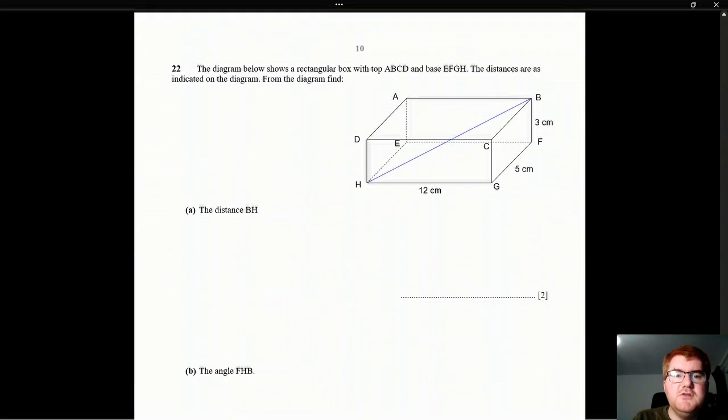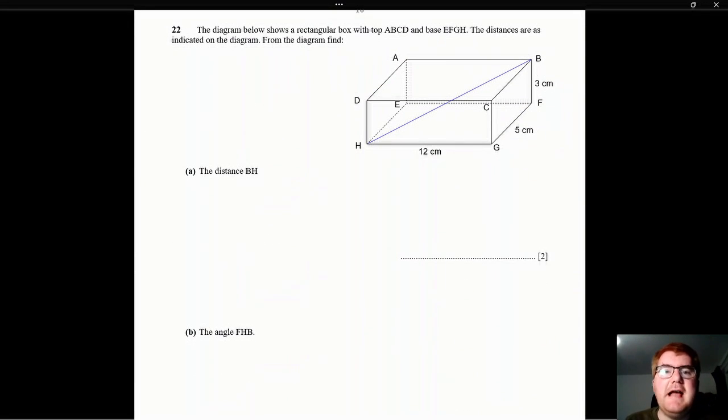Right, on to question 22 here. So we have a rectangular box, so we've got a bit of 3D Pythagoras and trig here. The distances are on the diagram, and we need to find first of all BH, this blue line going across. Now, the way that you can do this is we can do Pythagoras in two steps here.